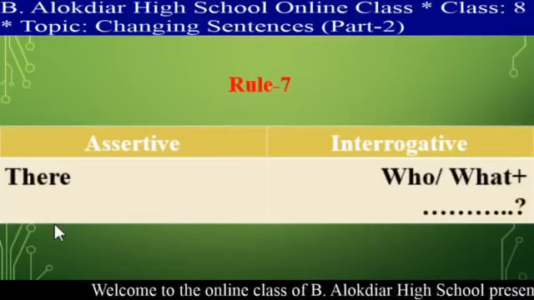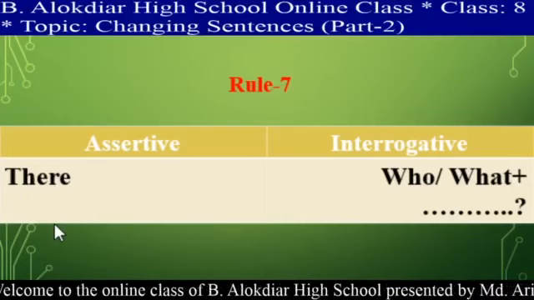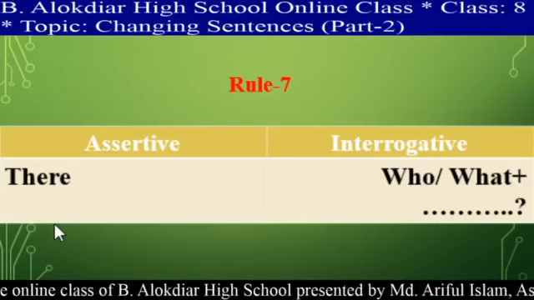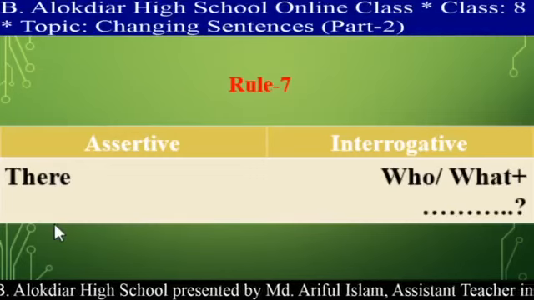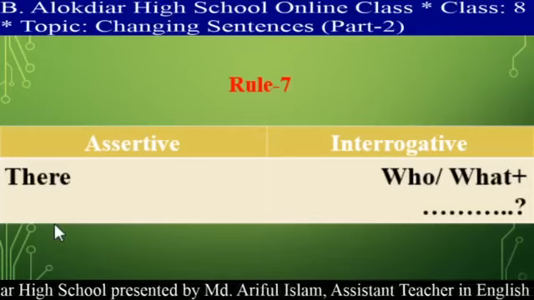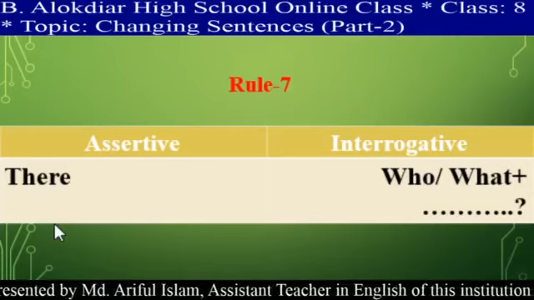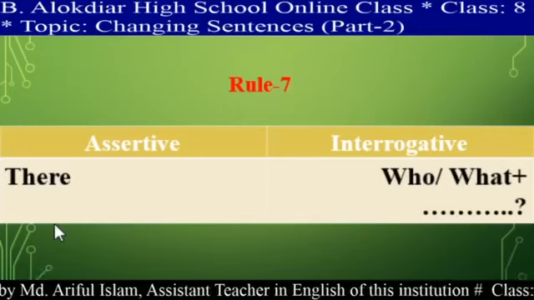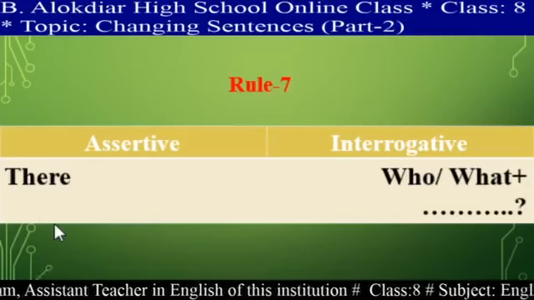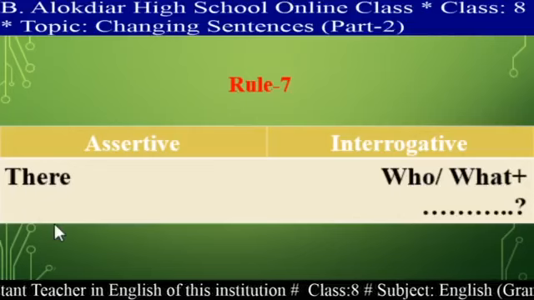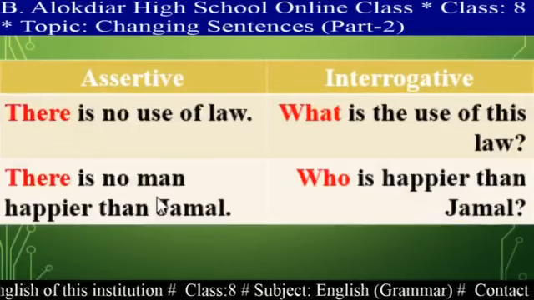Law is not a person, so we use what here. And in example B, Jamal is a person, so we have used who here.